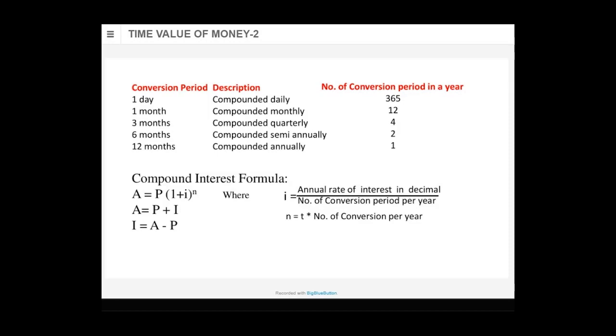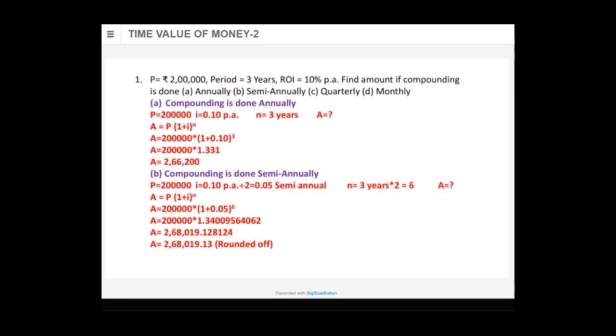Let's move further. Here, P is equal to rupees 2 lakhs. Period 3 years. Rate of interest 10% per annum. Find amount if compounding is done 4 ways: annually, semi-annually, quarterly, and monthly.